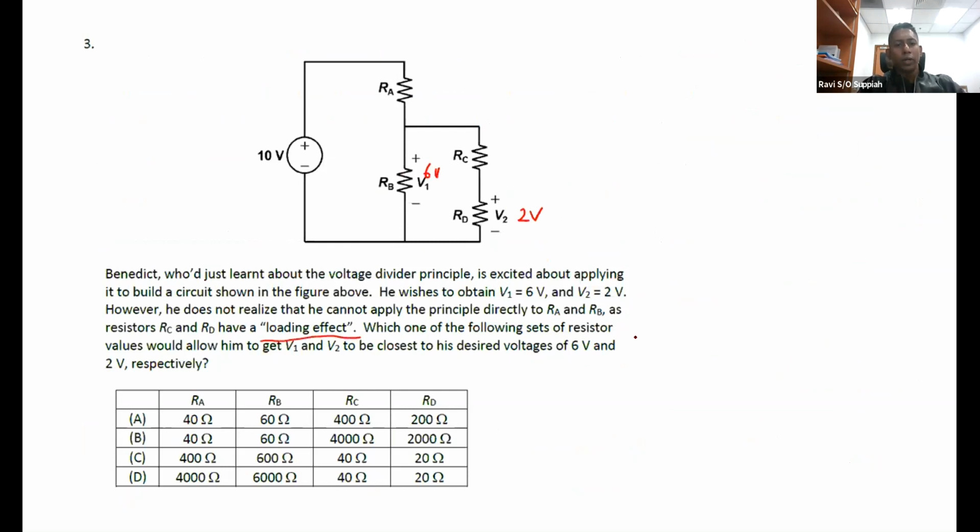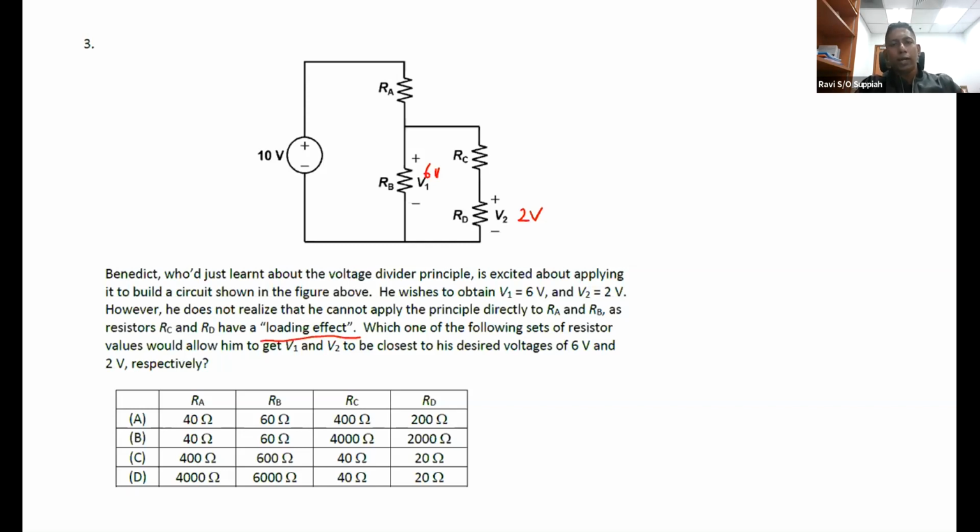So what is this loading effect? Loading effect is when you connect devices in parallel, you must realize that the combined resistance of all the branches in parallel can change the voltage across them.